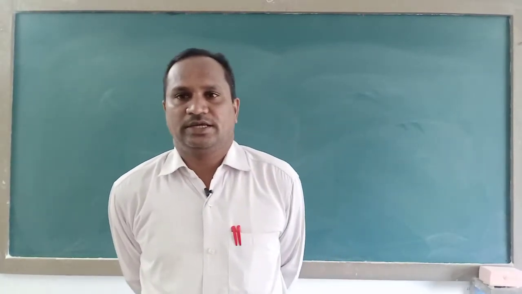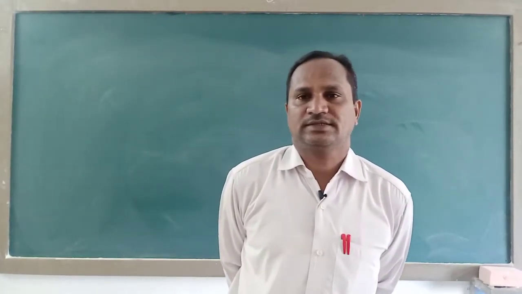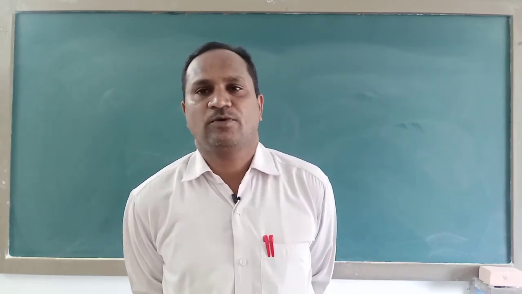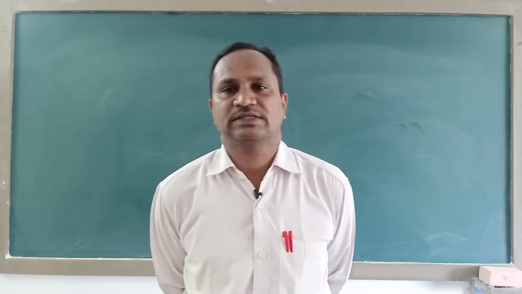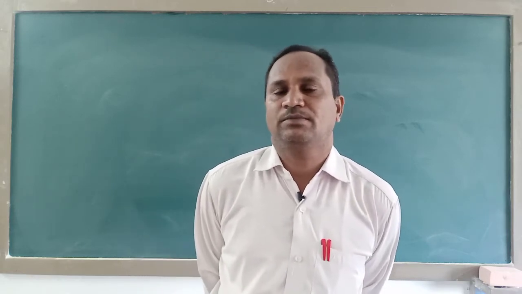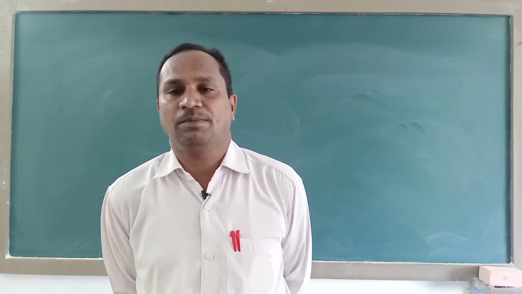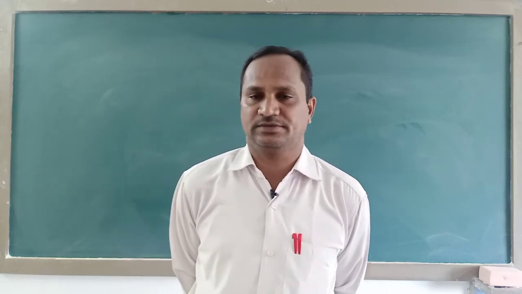Good morning, dear students. Last class I finished different types of problems from 6.1. That is, in the previous class, I finished some different kinds of questions from the rate measure application of derivatives lesson.